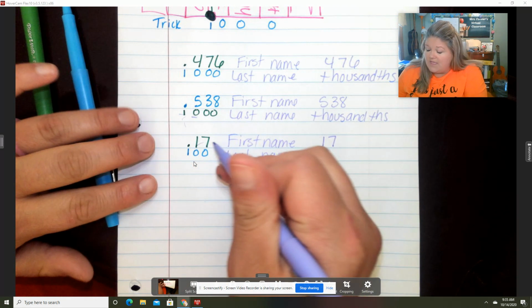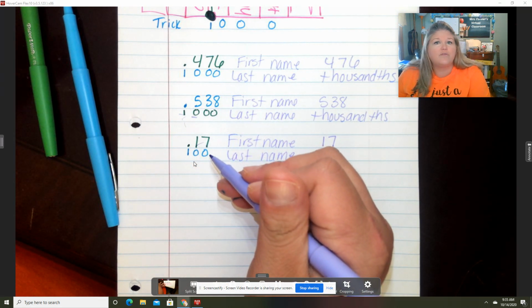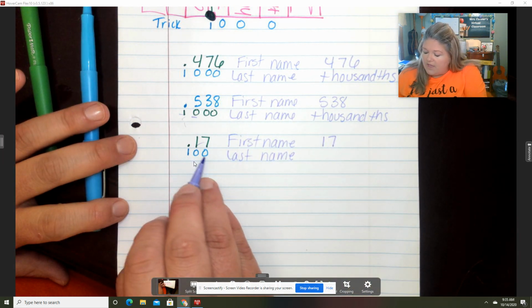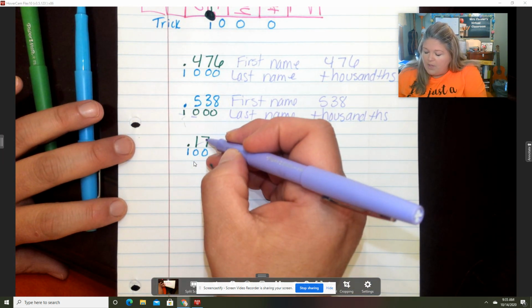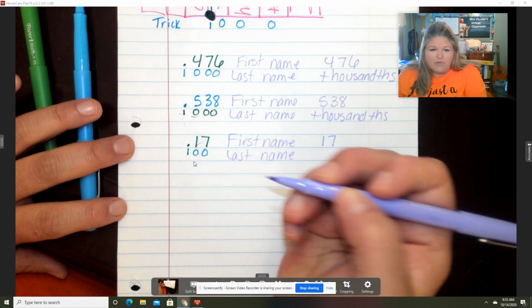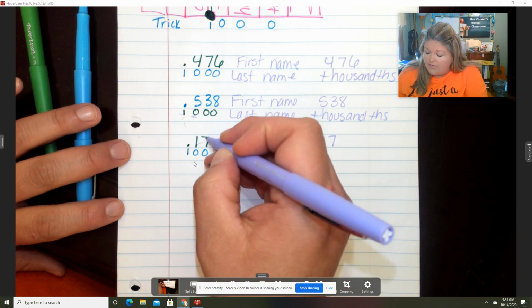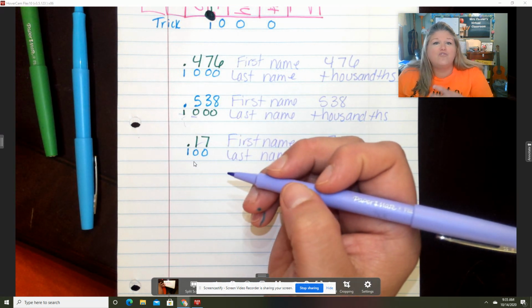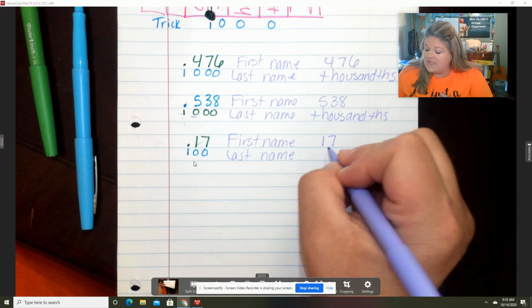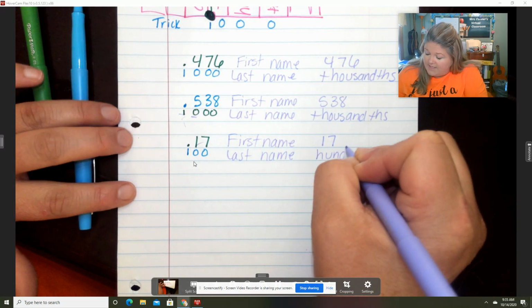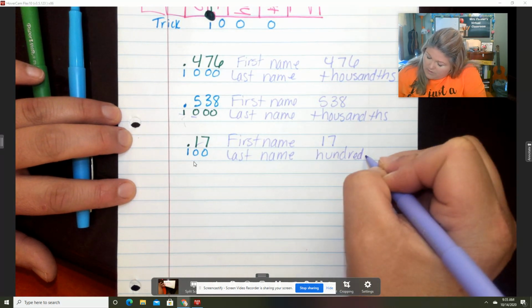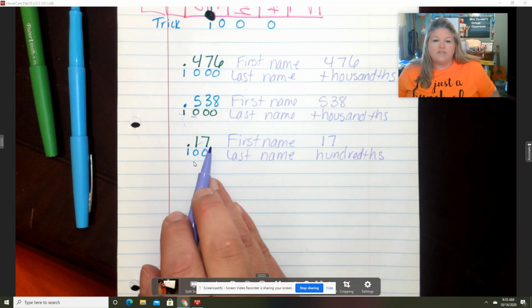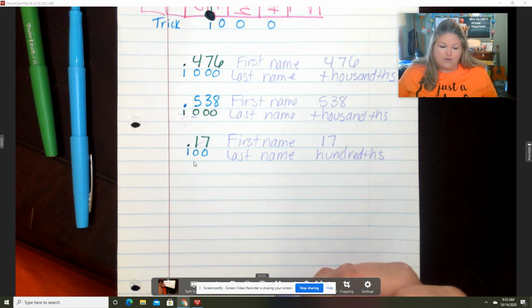Because when we see the decimal, we say whatever the number looks like when we're using whole numbers. So it's 17. Then I look under here. What's the biggest number I've got here with my zeros? Well, it's 100. So that means that 7 is over top of the 100. So that means we would say hundredths. So hundredths is the last name. So our decimal here is named 17 hundredths.